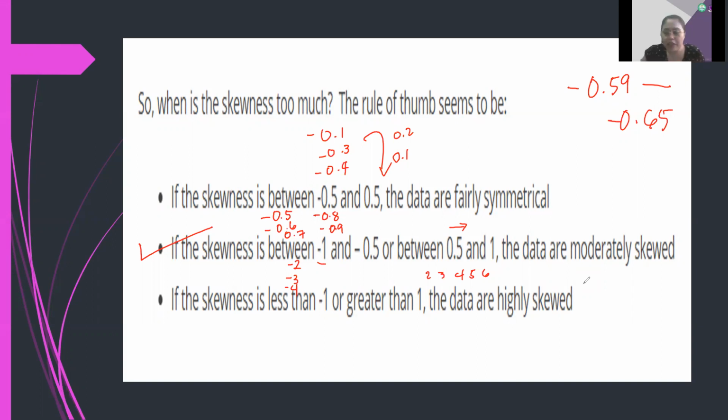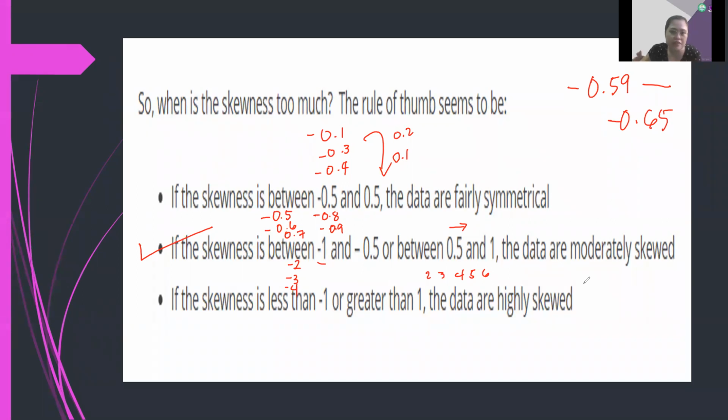So again, I will not let you do or make a graph anymore. You just have to know the mean, median, and standard deviation for you to compute the skewness. And then after that, if you have the answer for the skewness, ang pinaka-importante is you know how to interpret it. As long as it's between -0.5 to 0.5 mismo.